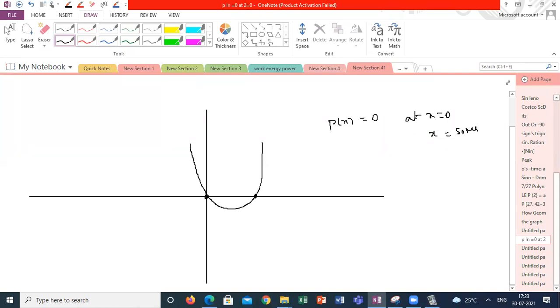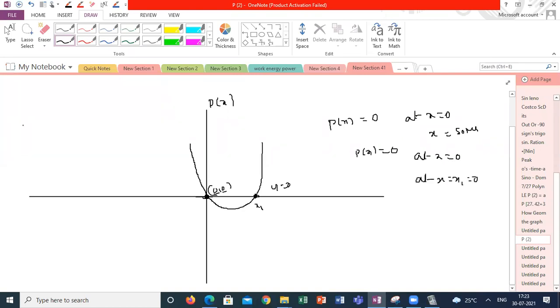Understand? Is this what you are asking? Yes, this is a 0 because here (0, 0) is a point. So at x equal to 0, your y is also 0, and at x equal to some x1, your y is also 0. What is your y? Your y is P of x. P of x is 0 at this point, and at this point P of x is 0. That means at x equal to 0 it is 0, and at x equal to some x1 it is 0.